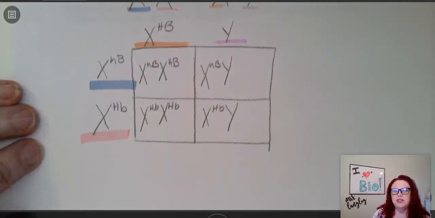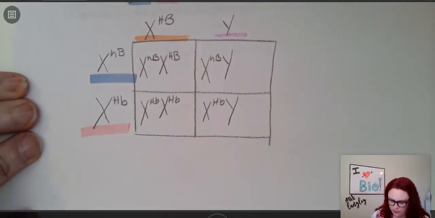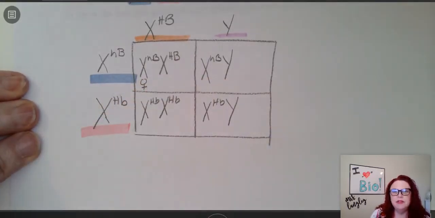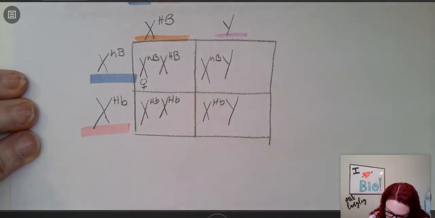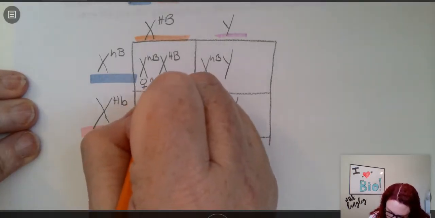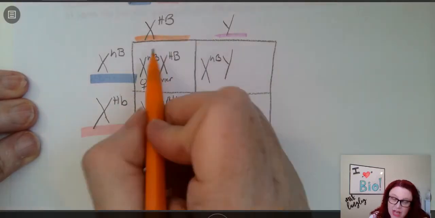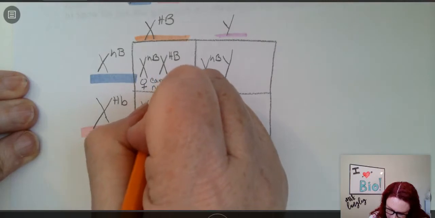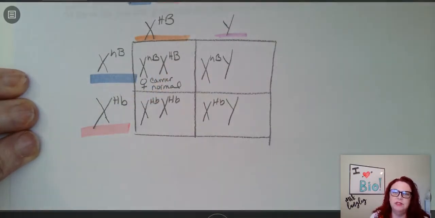So now if I look at the offspring inside my chart, I have an X and an X. This means female. So I can look at the first one, which is hemophilia, and she is a carrier. Then I can look at my B's for color blindness, and she is normal. I can look at the next one, XY.